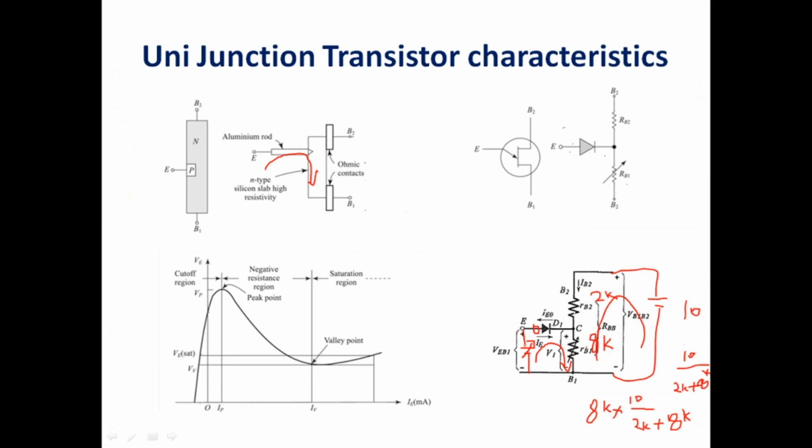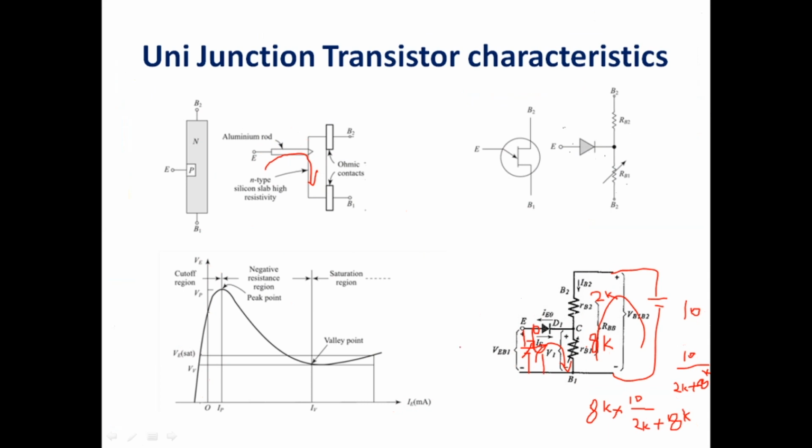We are varying the voltage from 0, and plotting emitter voltage here and emitter current here. Assume we are connecting one voltmeter here for measuring emitter voltage, and one current meter here.